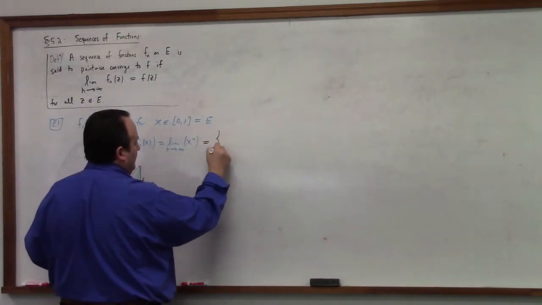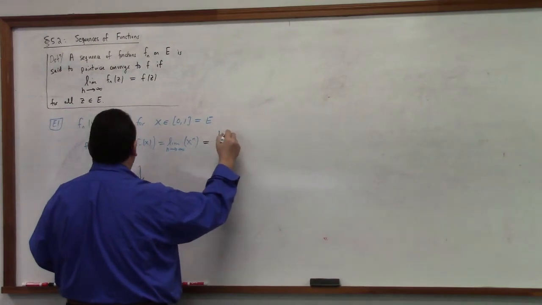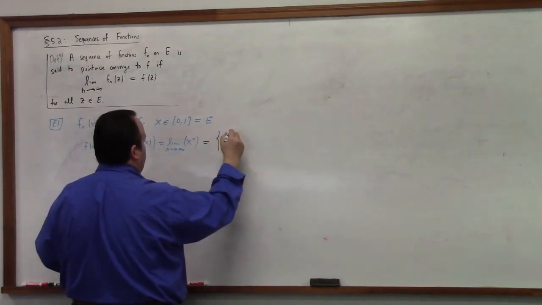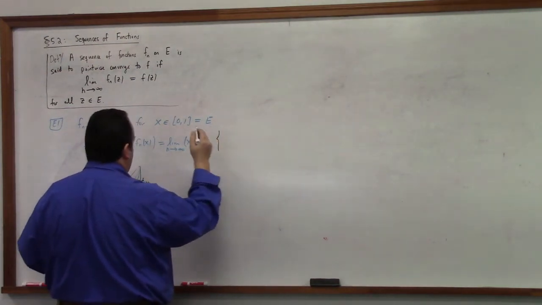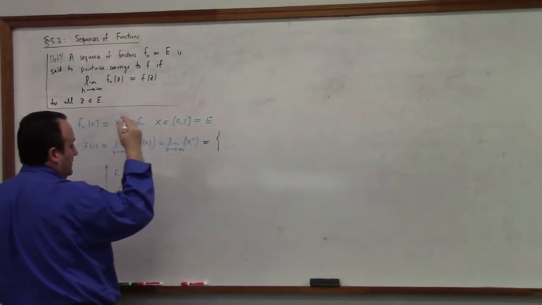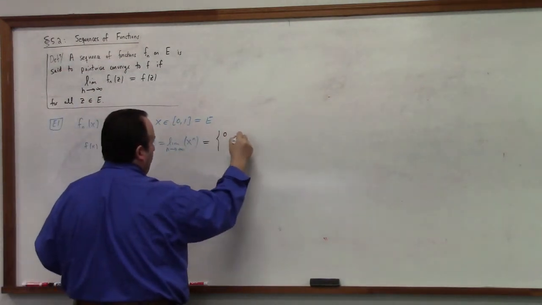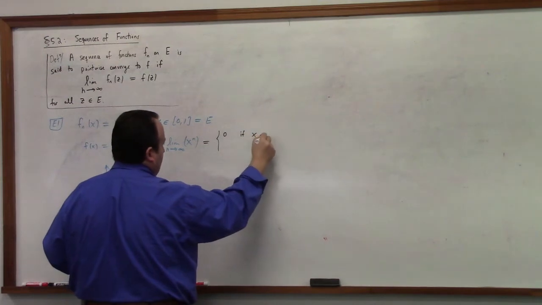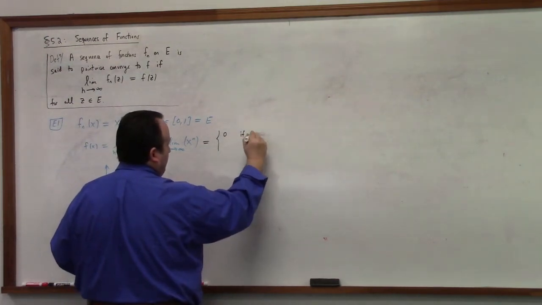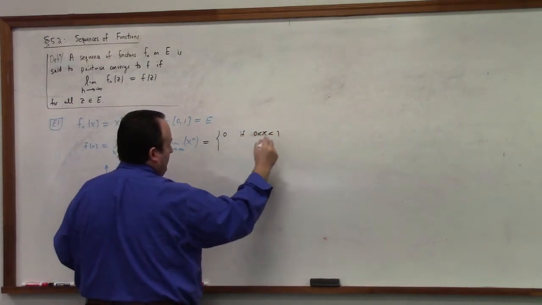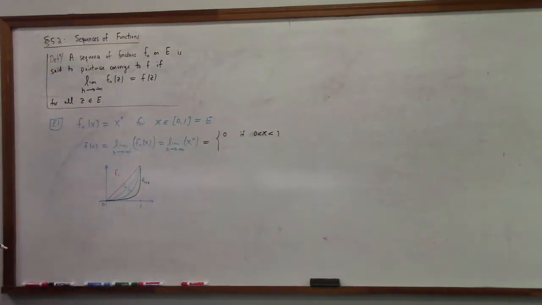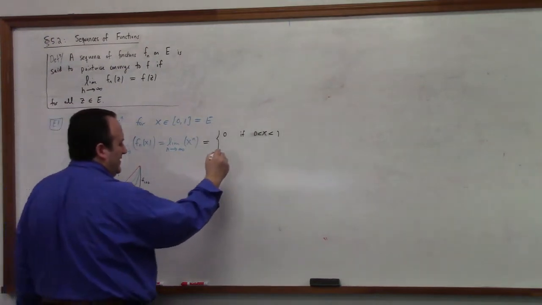Well, you can prove that this is equal to 0 if 0 is less than x less than 1, right? And what's it equal to if x is equal to 1? What's the limit as n goes to infinity of 1 to the n? It's just 1, right?